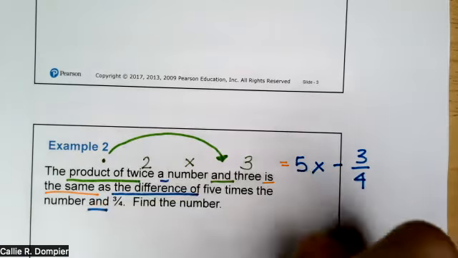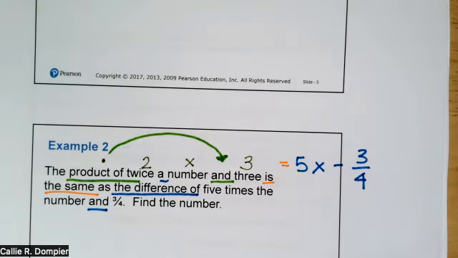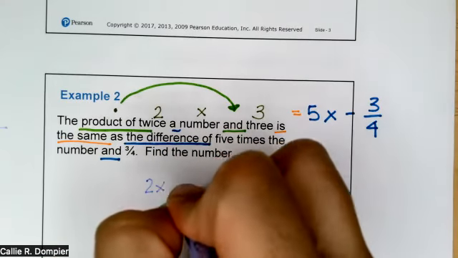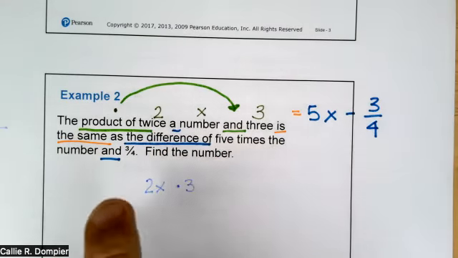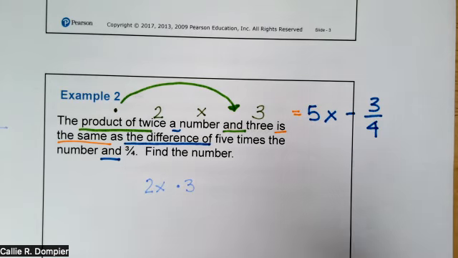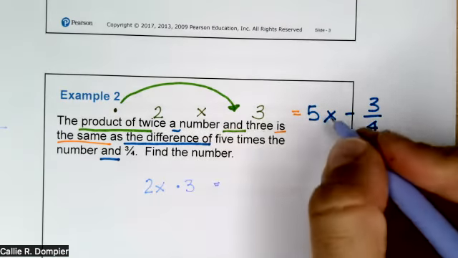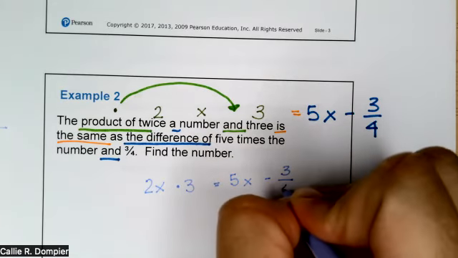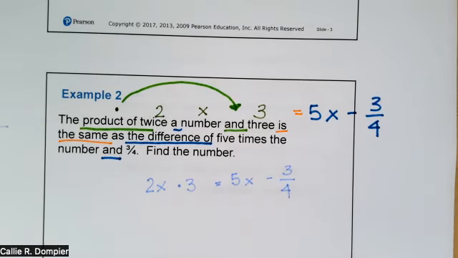Difference of is subtract. So I would say my final answer here would be 2x times 3, which is silly because the 2's are already being multiplied by the x, so that would actually be 6x if you wanted to simplify it, is 5x minus 3/4. Good. And then it's asking us to find the number.